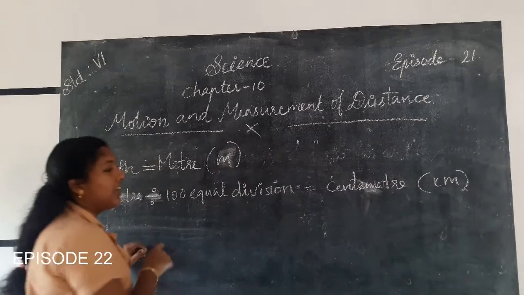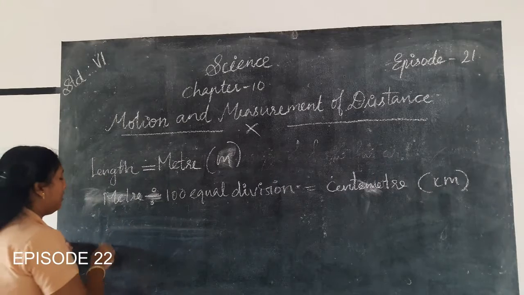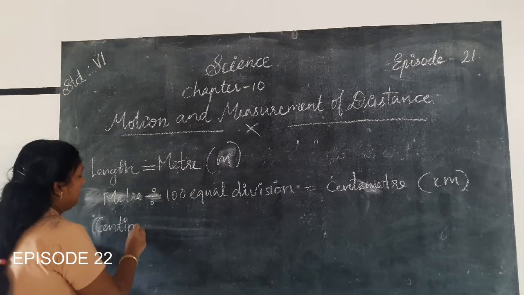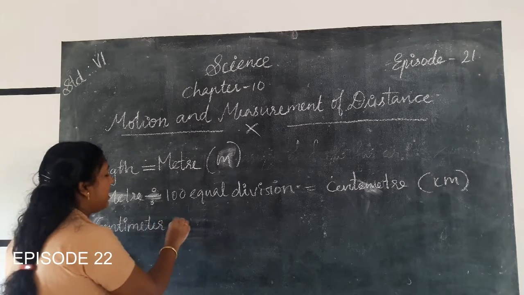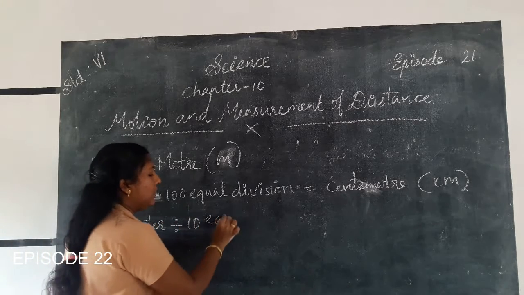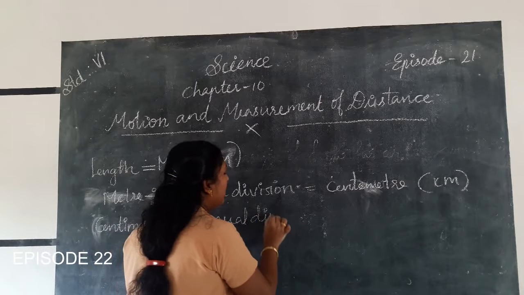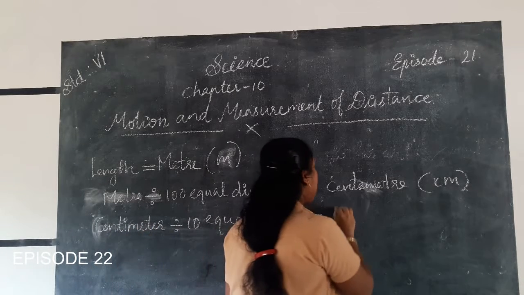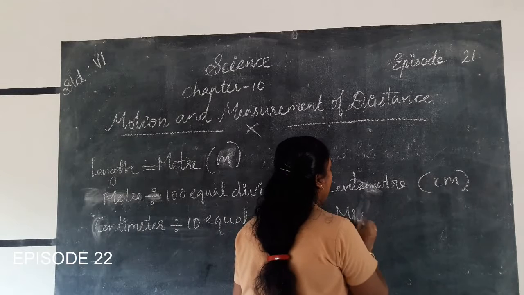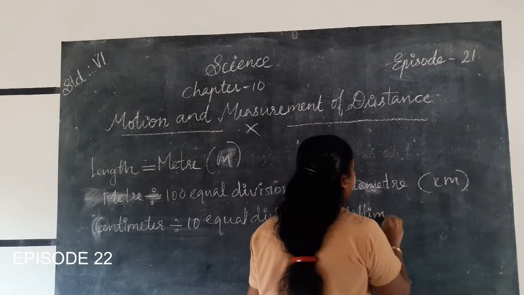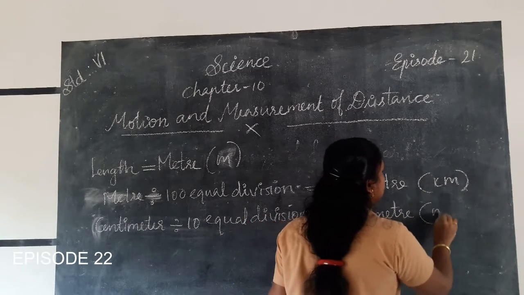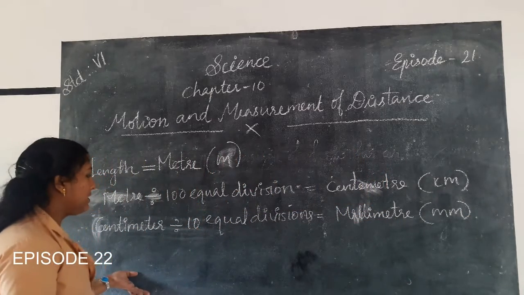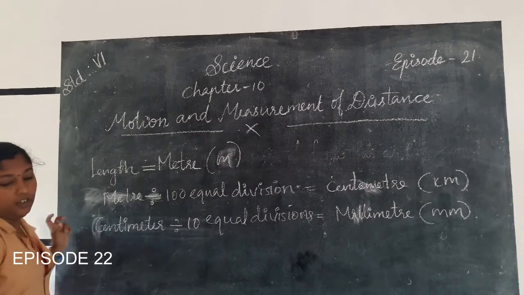Then each centimeter is divided into 10 equal divisions. It is called what? Millimeter.